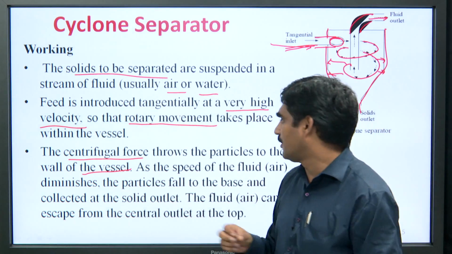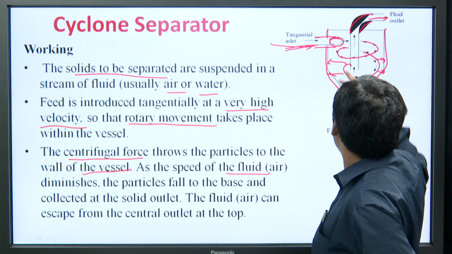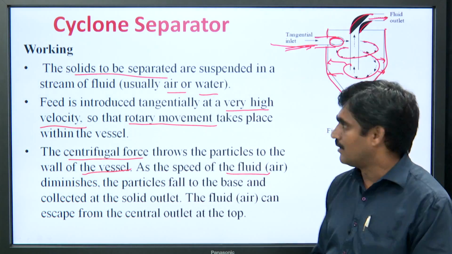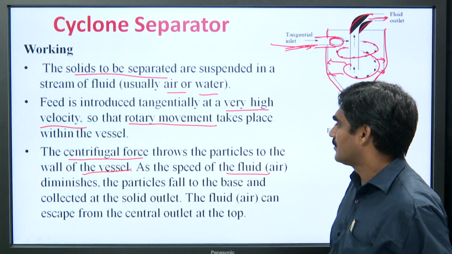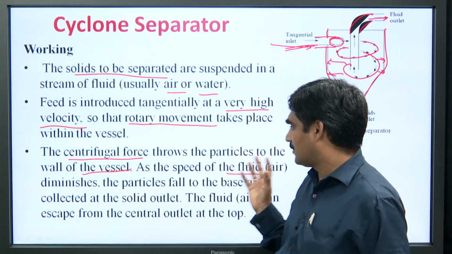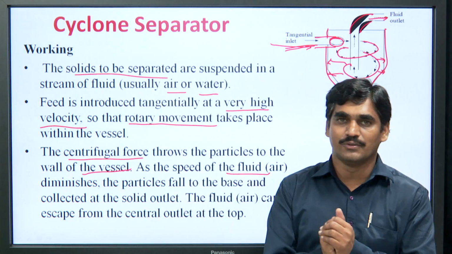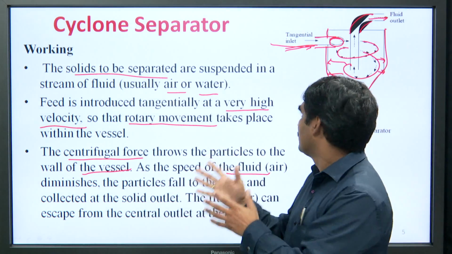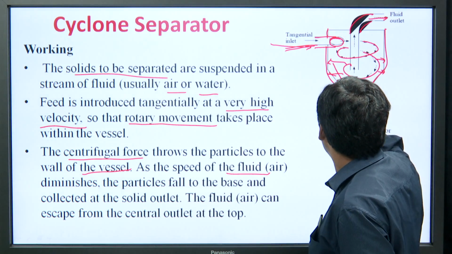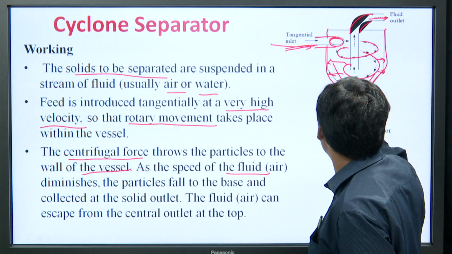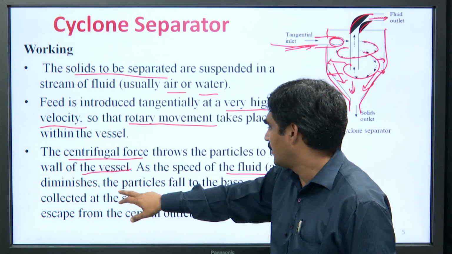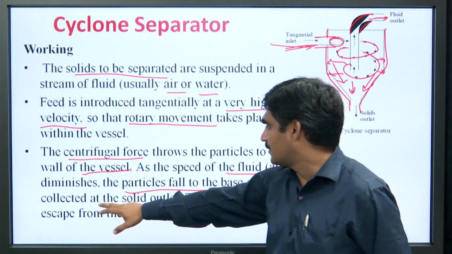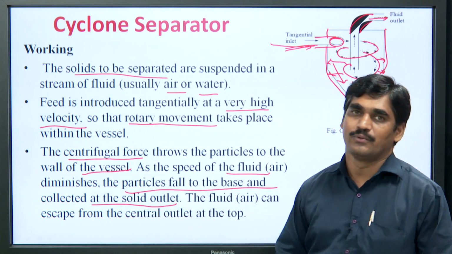As the speed of the fluid that is entering into the cyclone separator diminishes or reduces, the particles come down. The particles fall to the base and are collected at the solid outlet.